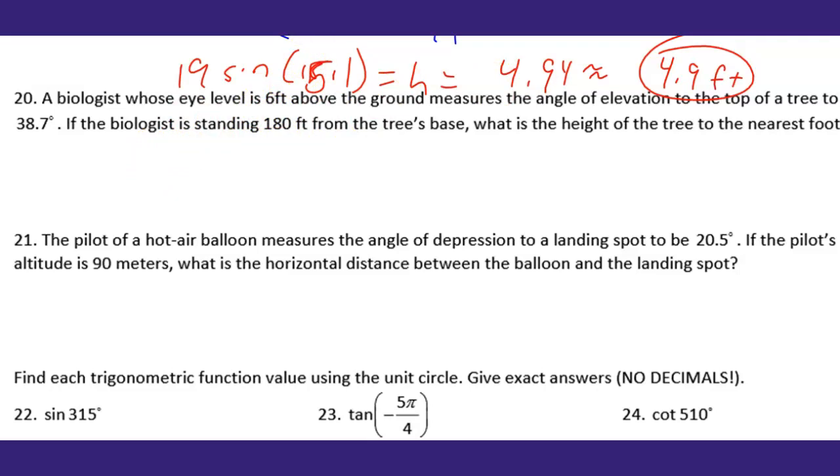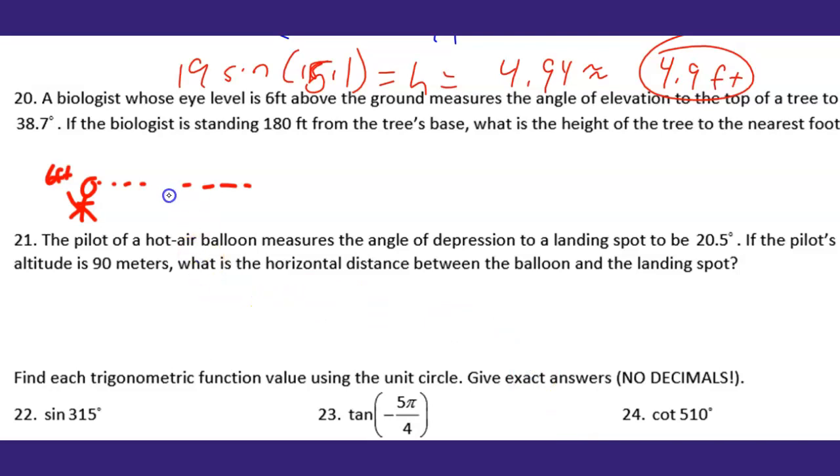A biologist whose eye level is 6 feet above the ground measures the angle of elevation. So let me do a rough little sketch here. I got a person, 6 feet above the ground, measures the angle of elevation to the top of a tree.